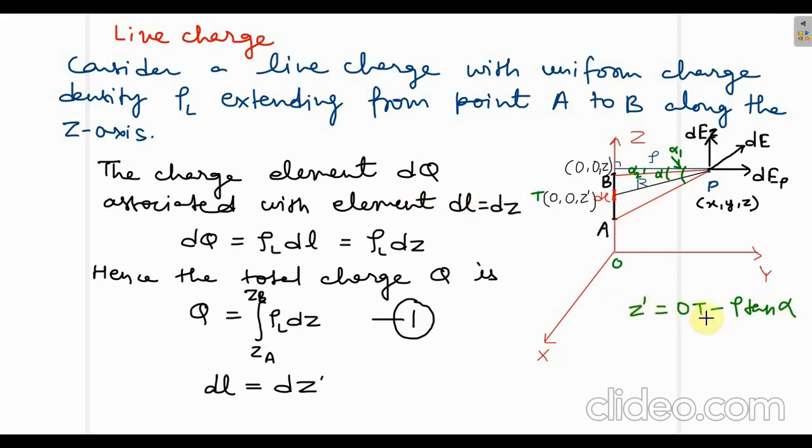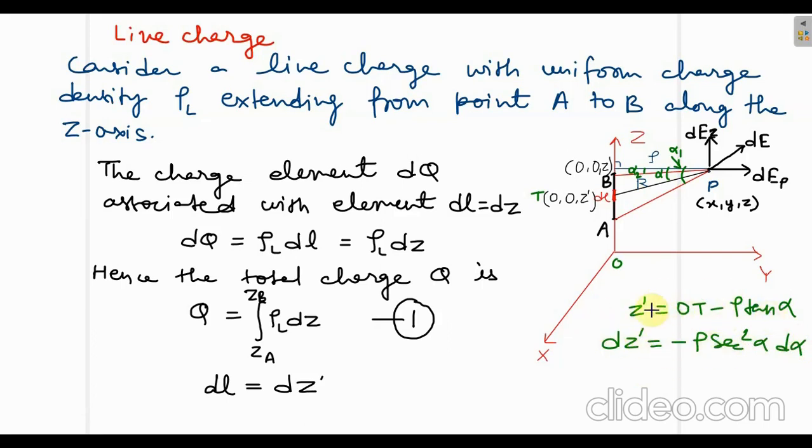So this Z dash equals OT minus rho tan alpha, and then if you differentiate, dz dash will be rho tan alpha differentiated, so it will be rho sec square alpha d alpha. So this we have to use.